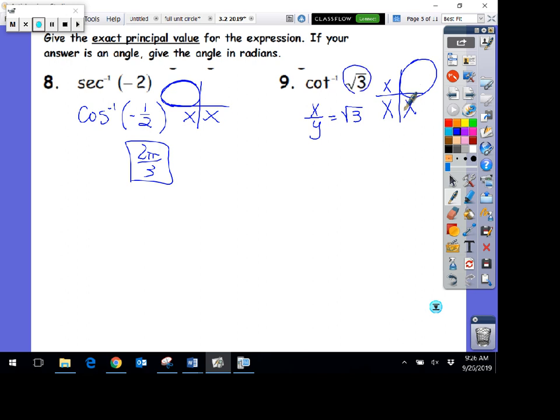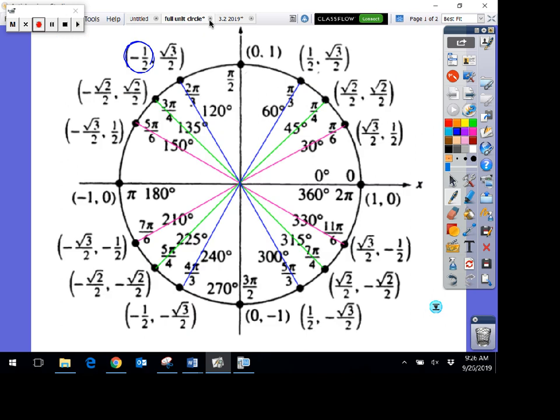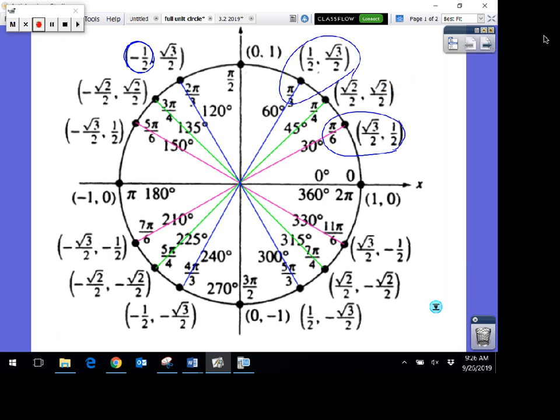Since we're on the unit circle, this right here is x divided by y. Remember, our two options for a √3 are right here and right here. X divided by y: √3/2, I can't divide fractions, so I multiply by the reciprocal, cancel those two, and there I have my answer.